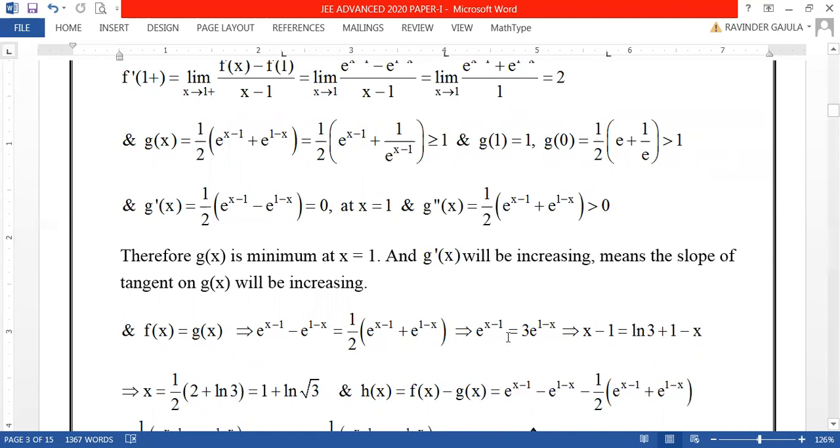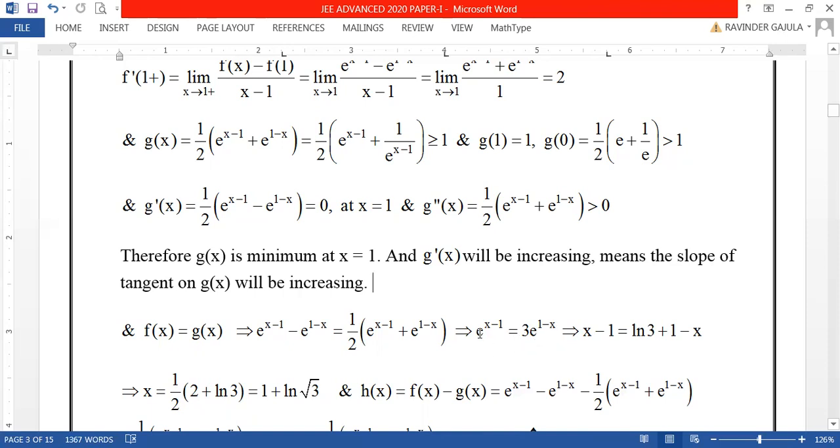So that e power x minus 1 equal to 3 of e power 1 minus x, right? Now taking log on both sides, x minus 1 equal to log 3 plus 1 minus x. Okay.